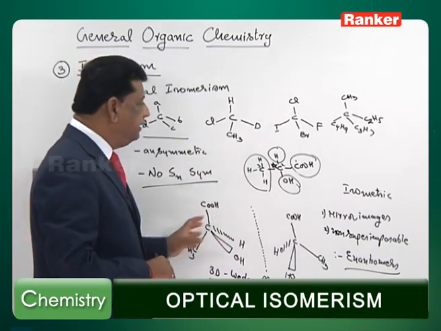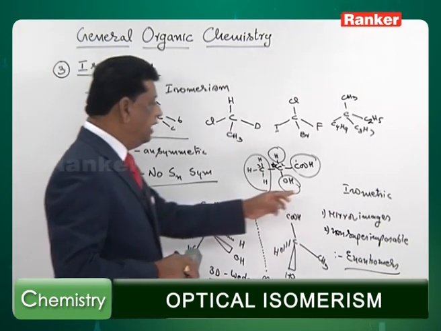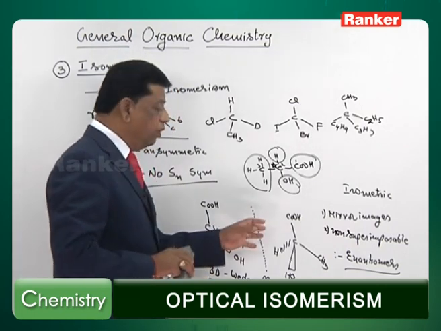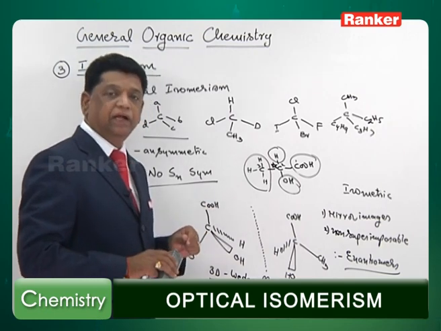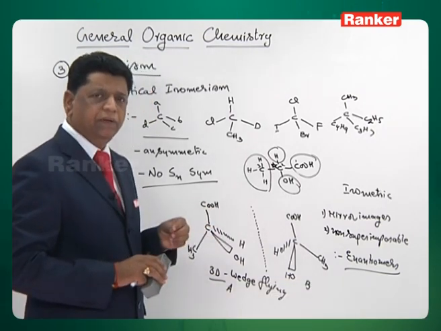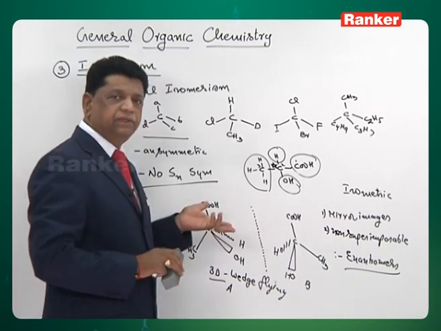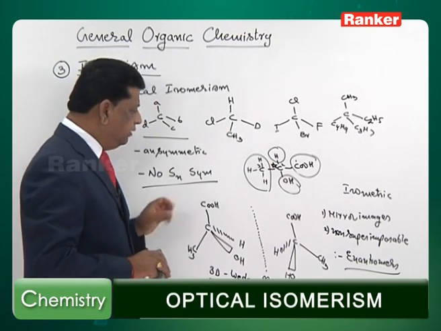And what properties do they differ in? I said, because of the isometric feature, they have the same boiling point, melting point, chemical reactivity, and all the small physical and chemical properties. There is COOH. How this reacts with bicarbonate, this also will have the same acidity, basicity, all that.